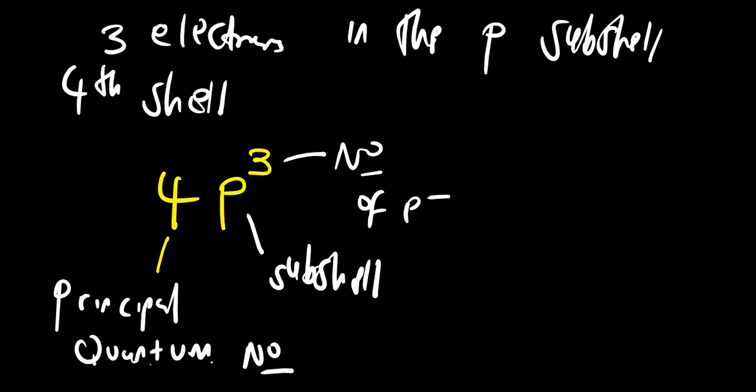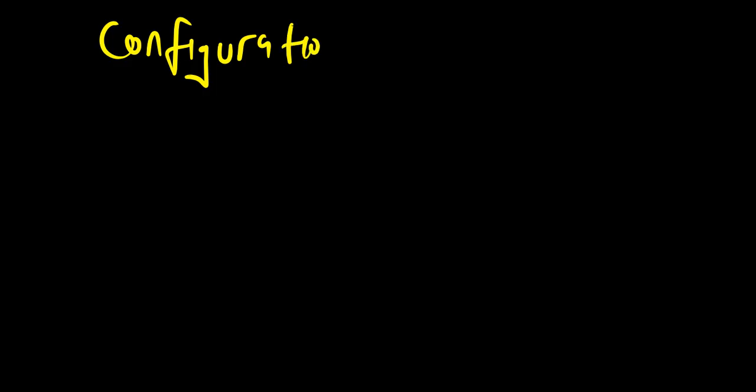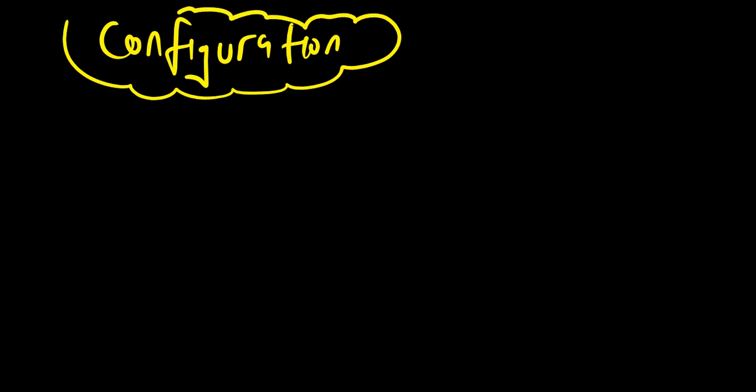Now let's talk about the electronic configuration of most of these elements. Let's start from the first element, which is hydrogen. You always start from the ground state. Hydrogen is H. How are you going to represent the electronic configuration? The first shell is 1.